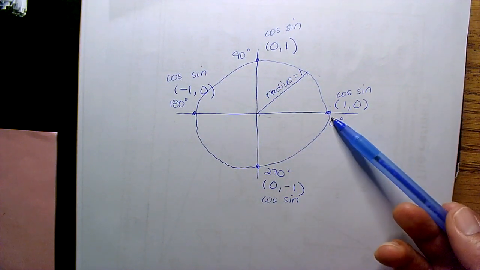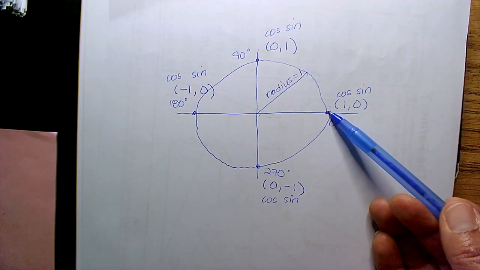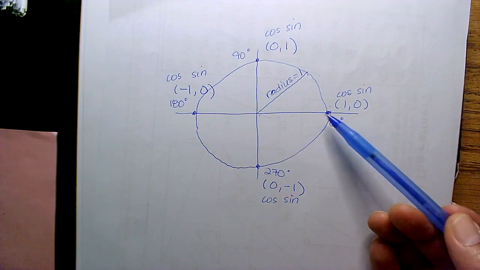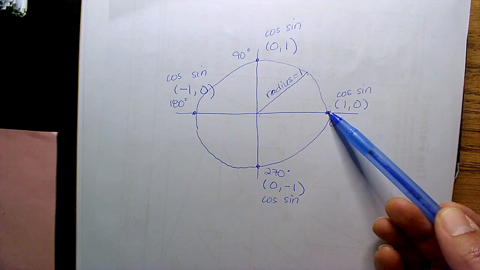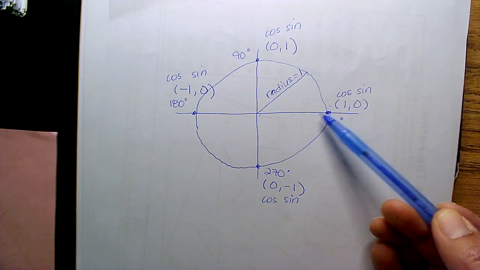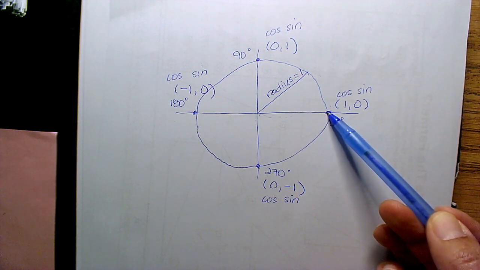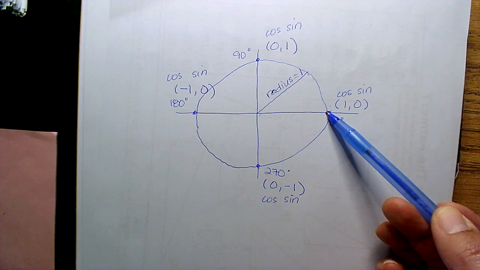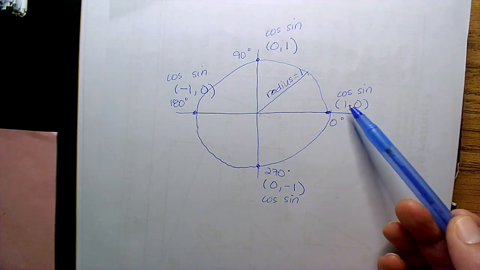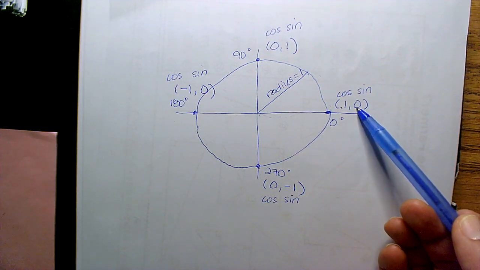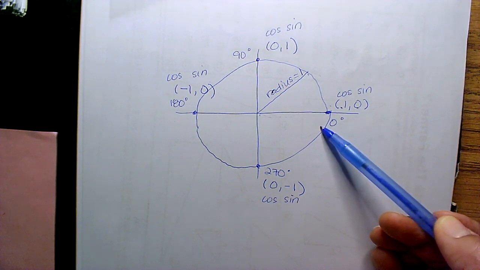So when you're talking about your quadrantal angles, no Pythagorean theorem is necessary. If 0 degrees is here, then the radius would be a horizontal line, and this location is (1, 0), x, y. So in this case cosine is 1 and sine is 0, because that point is (1, 0).